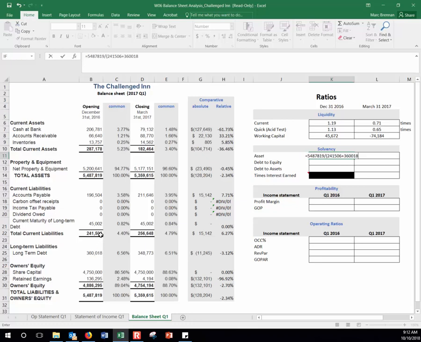I'm just adding these two together to find out what my total liabilities are. So 9.12. Overall, if I compare my assets to my liabilities, I can cover them 9.12 times if I look at total assets compared to total liabilities.